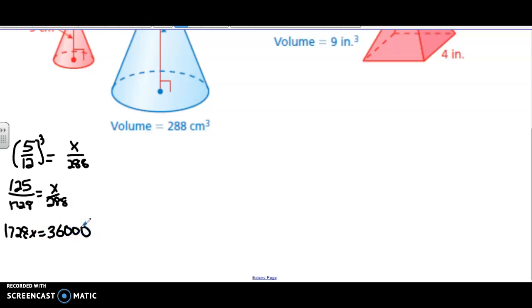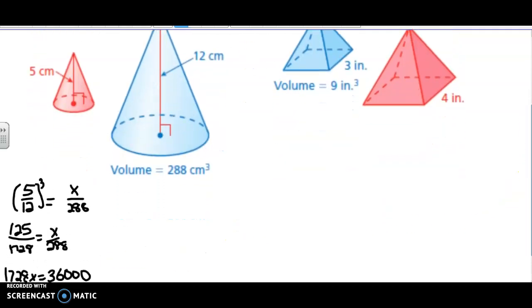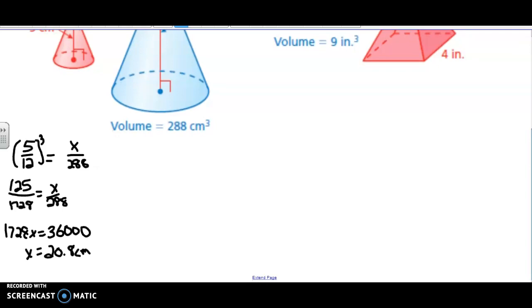And then do 36,000 divided by 1728. And I get 20.8. So x equals 20.8 centimeters. It was 20.83, but it says round to the nearest tenth. So 20.8 centimeters cubed is the volume of the red figure.